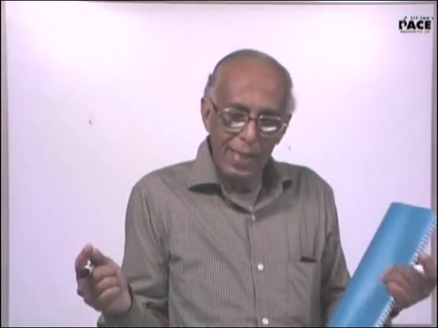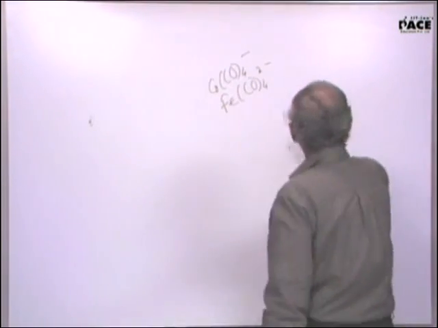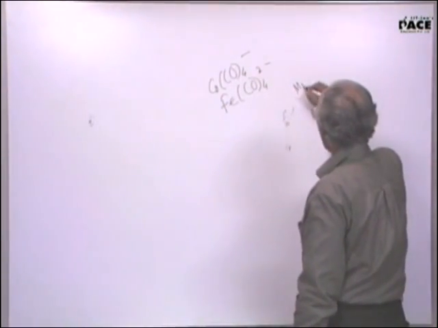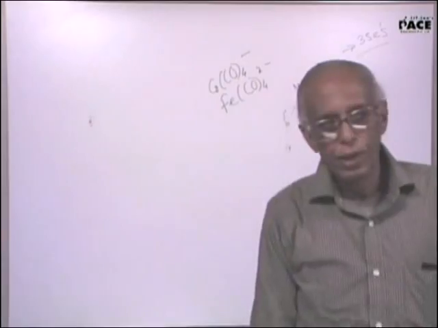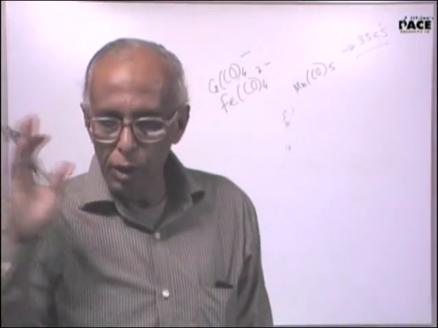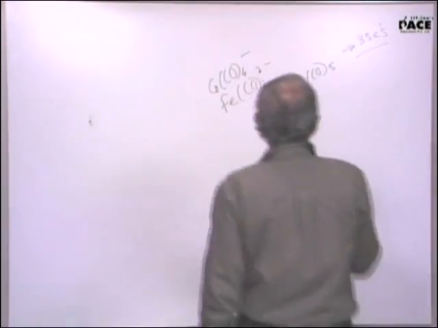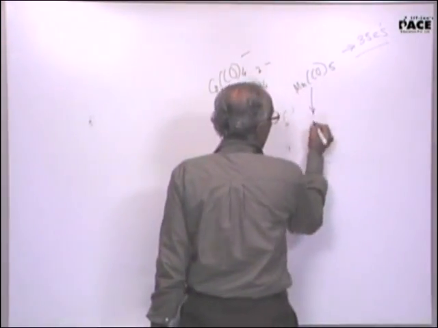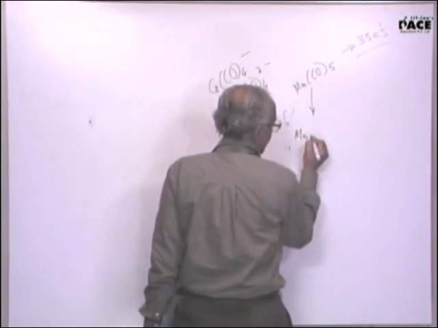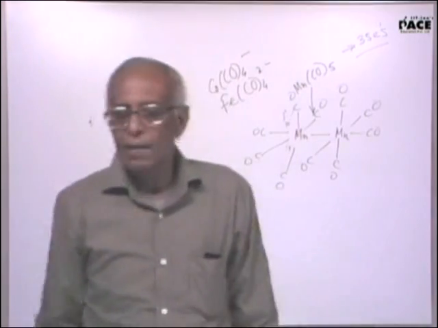Suppose it is short of 1 electron, like Mn(CO)5. Mn(CO)5 has 35 electrons. It is 1 short of 36. So it can form a metal-metal bond and forms a dimer.